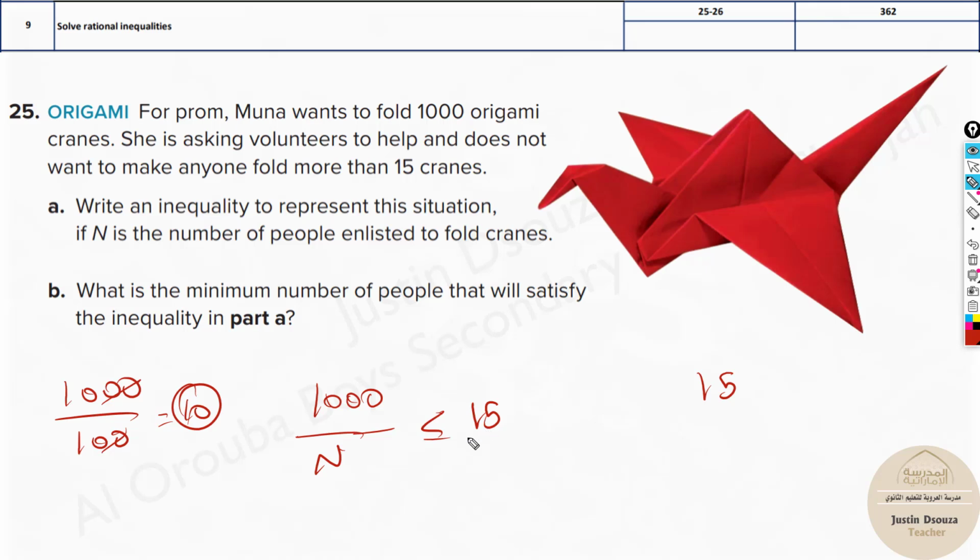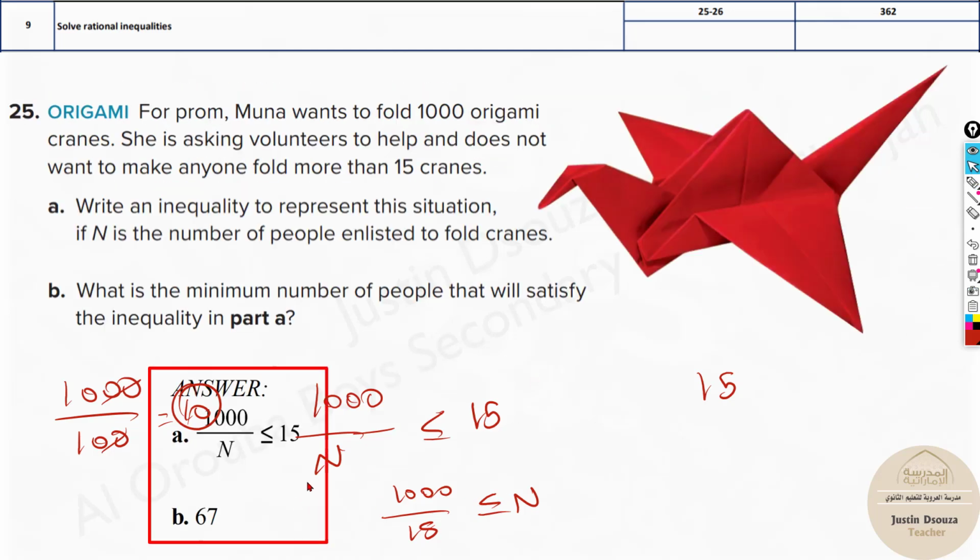So you basically have to solve it. Just do 1,000 divided by 15 less than or equal to n. So solve it up. 15, it will be 60 something. Let's just look at the answer. You can put it in the calculator. Okay, it's 66.66, which is not a whole number. So you need to have at least 67 people.